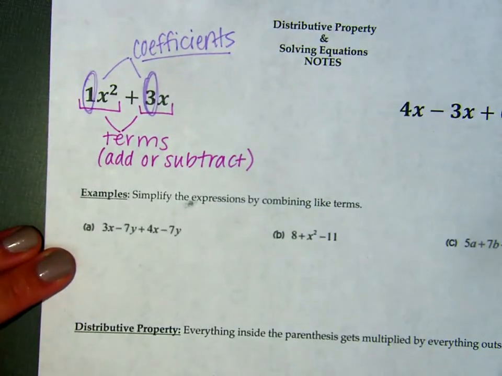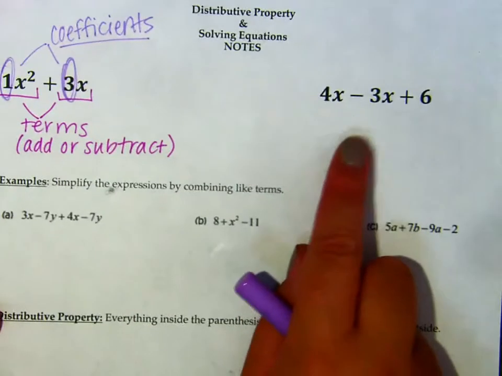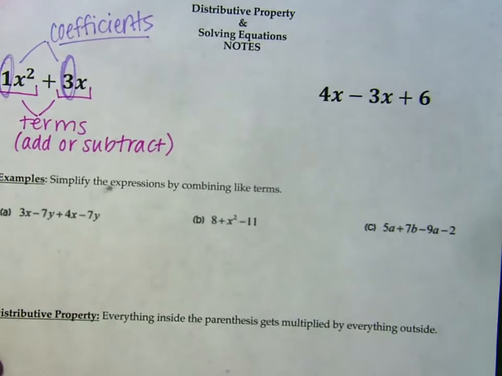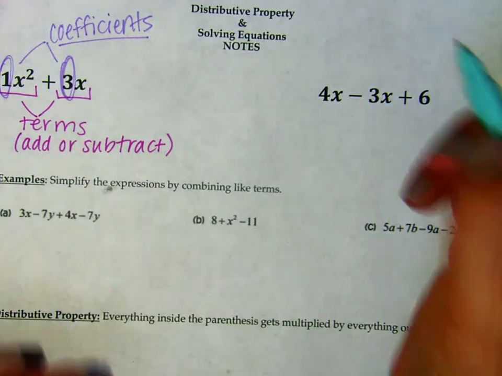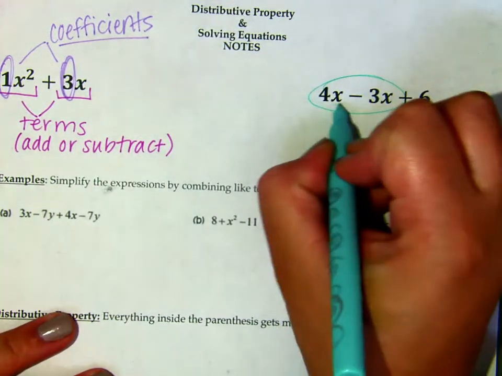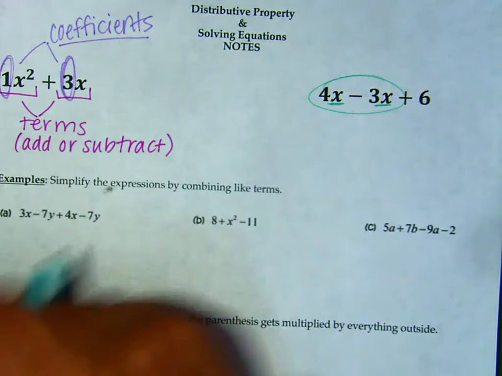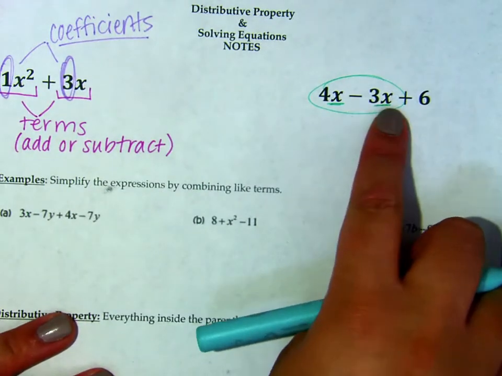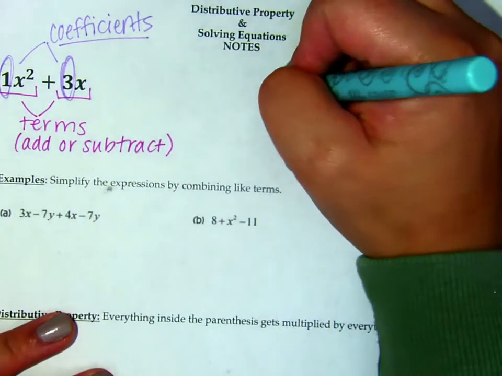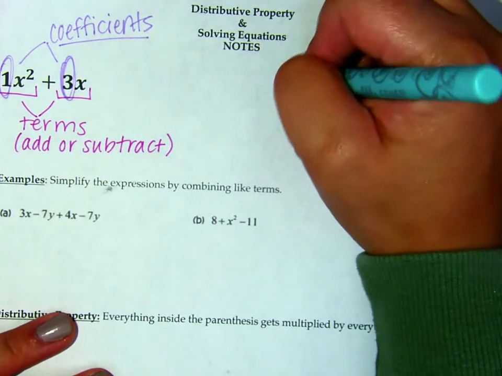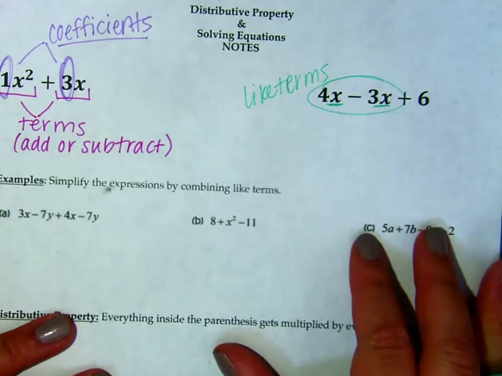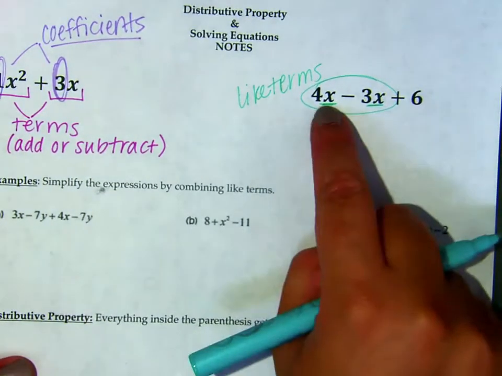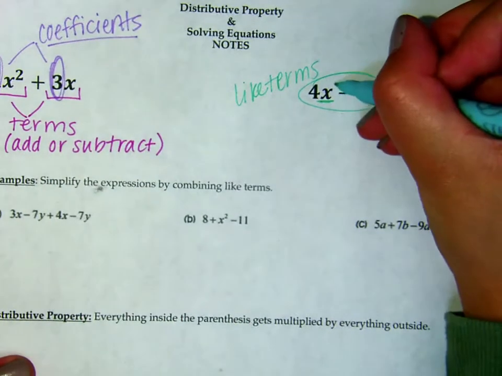In our second expression, we have these things called like terms, and the reason they're like terms is because they have the same variables. So this 4x minus 3x, those would be considered like terms, because they have the same variables, and those variables have the same little exponents.